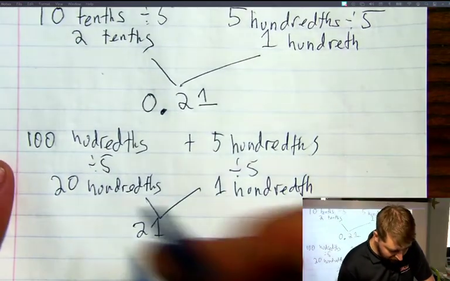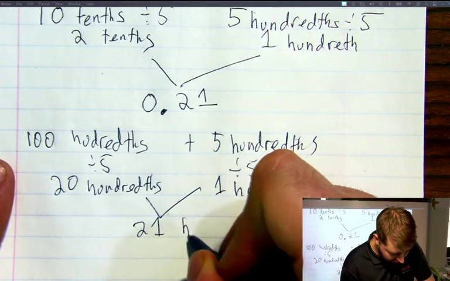Add them together. 20 hundredths plus 1 hundredth is 21 hundredths.